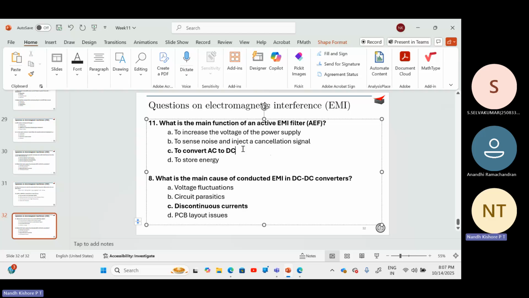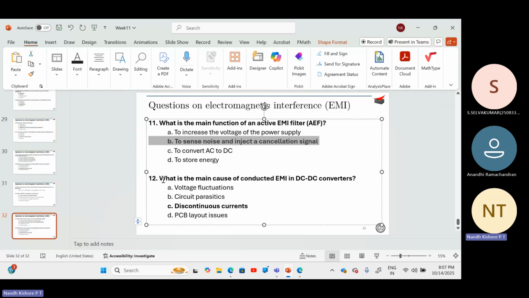So what is the answer? What is the main function of an active EMI filter? B. Right. So it will sense the noise and accordingly it should inject a cancellation signal. Right.